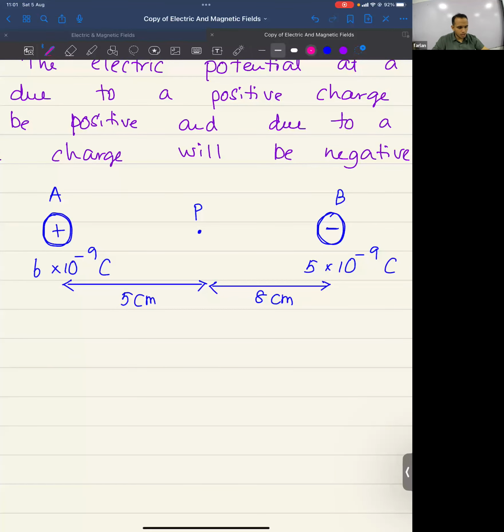P is a point in between such that AP is 5 centimeters and BP is 8 centimeters. So the question is to calculate the electric potential at P. Okay.